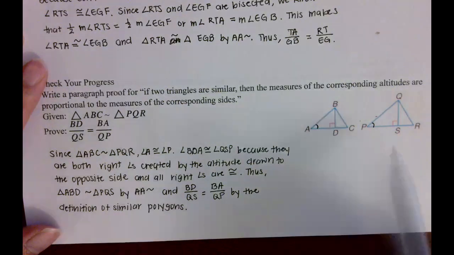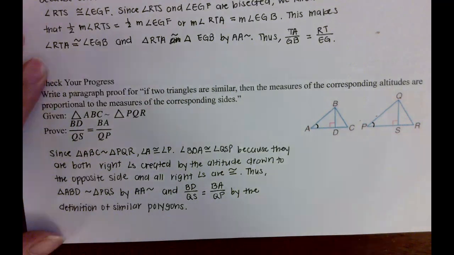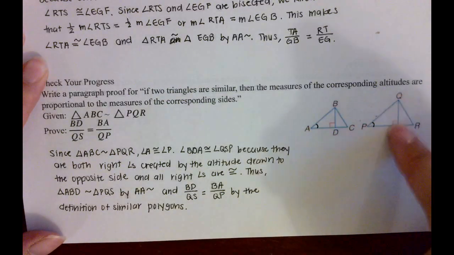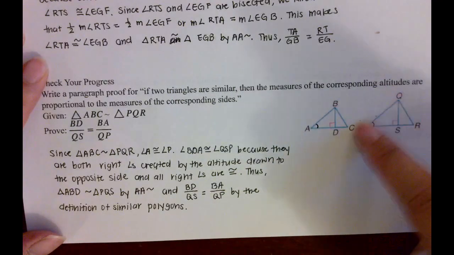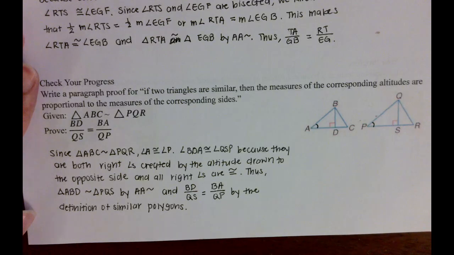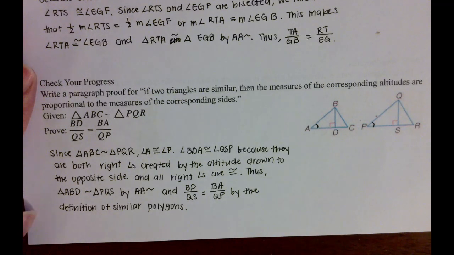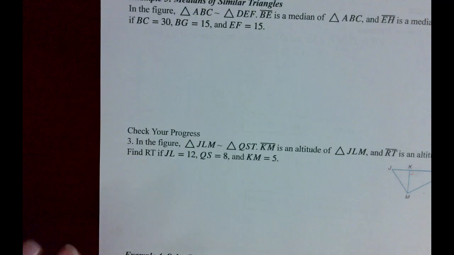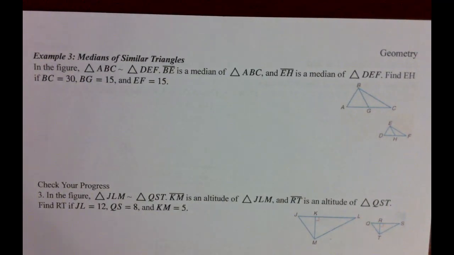And as a result, BD over QS has to equal BA over QP by the definition of similar polygons, because the definition of similar polygons is that the corresponding sides are proportional. And so there you go. Now let's move on to example 3.